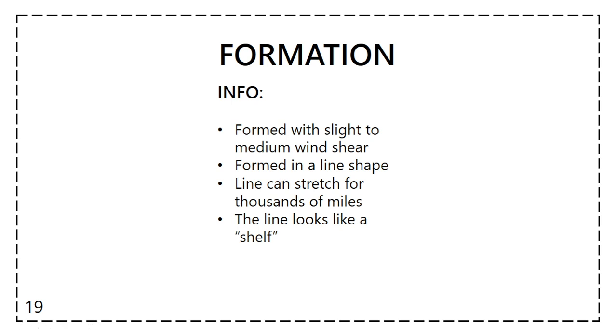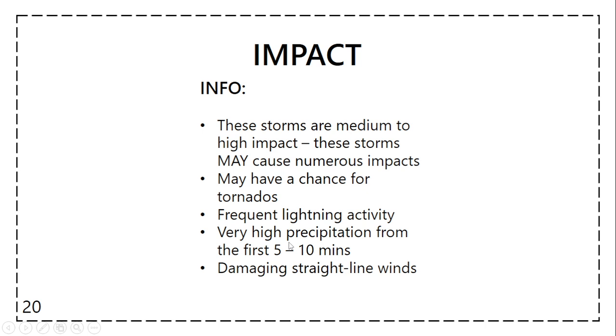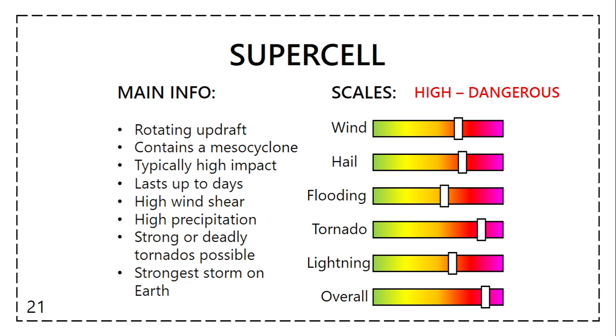You never know. The line looks like a shelf again, very obvious. Impact: these storms are medium to high impact. These storms may cause numerous impacts, may have a chance for tornadoes, frequent lightning activity, and very high precipitation from the first 5 to 10 minutes, damaging straight line winds.